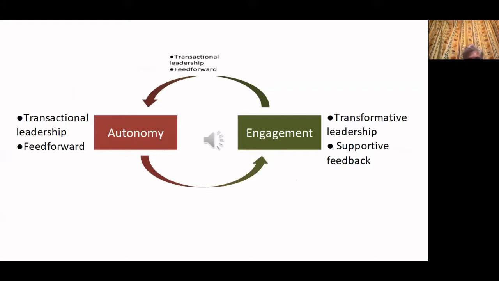So this is how I modeled the process. Autonomy and engagement are related both ways. Self-regulated learning says that engagement leads to autonomy, whereas leadership argues that autonomy leads to engagement.